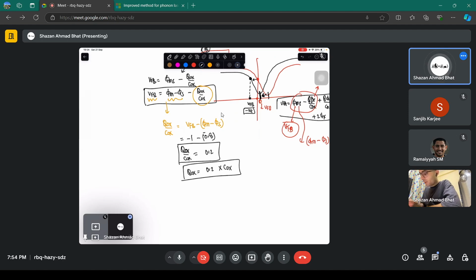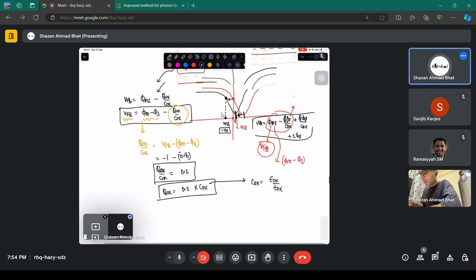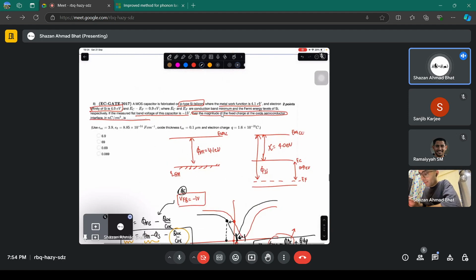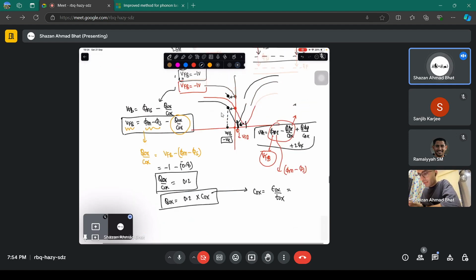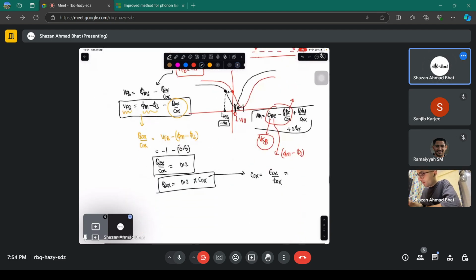Where do you get the Cox? You can compute Cox as epsilon ox divided by the thickness of the oxide. I think everything is given again. Is it given? The thickness of oxide is given. Epsilon oxide is given, use this value. You can use 3.9. Basically, Cox is epsilon naught times epsilon r divided by the thickness of oxide.